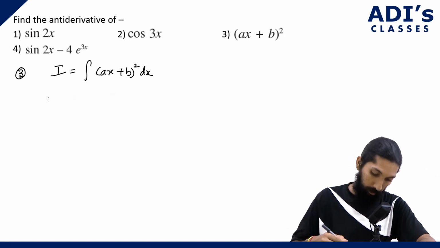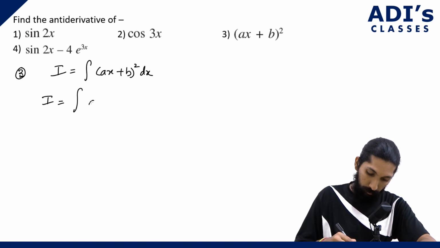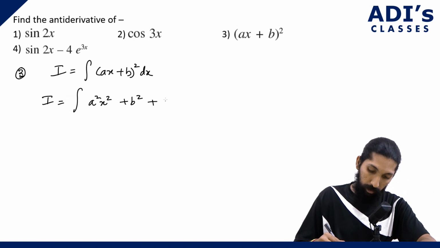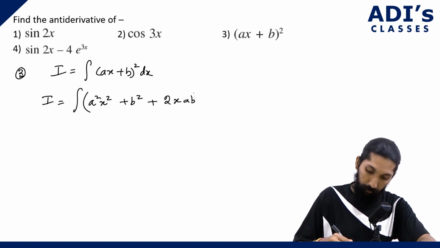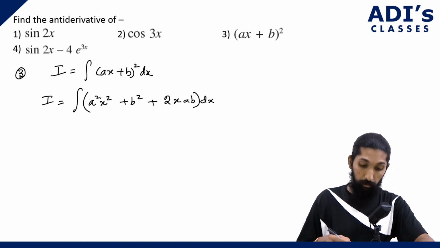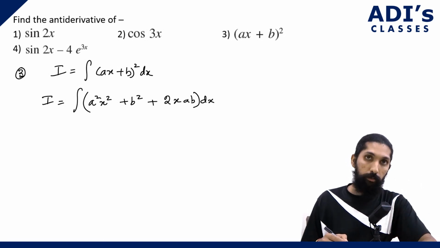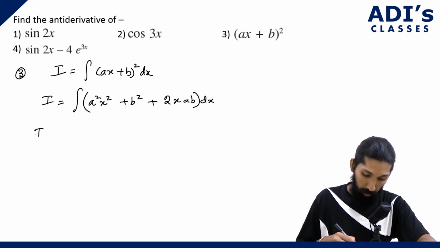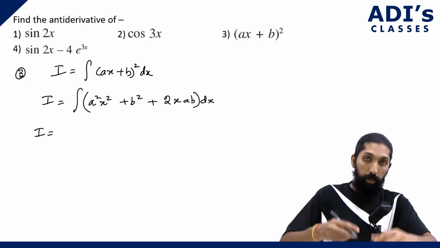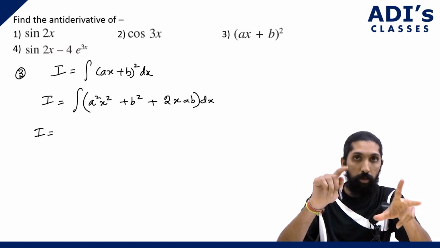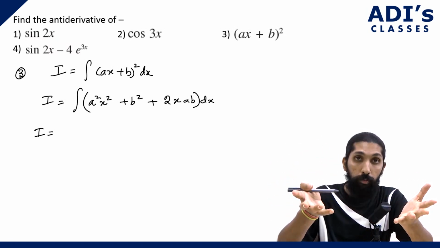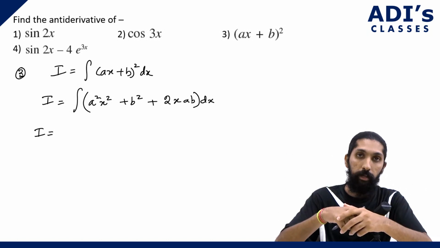I is equal to integral of a square x square plus b square plus 2xab. This is nothing but (a plus b) whole square, very simple. Do all of you remember the rule of integration? When you have a plus or minus in between, you split the integral, correct?